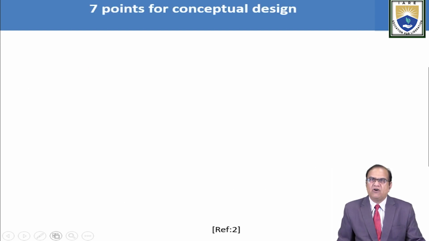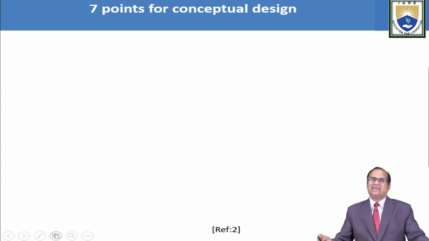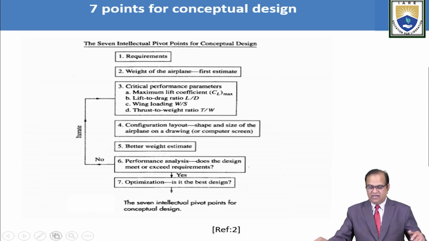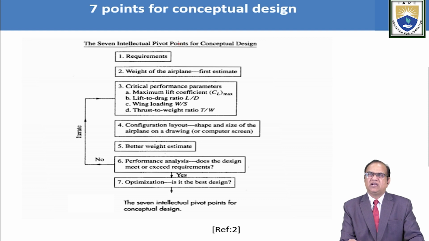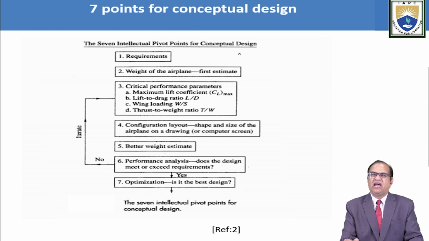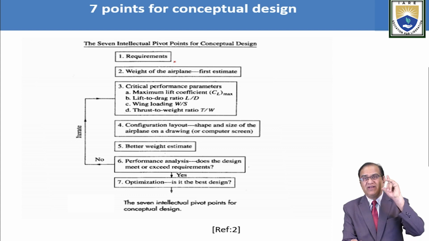Now for this conceptual design, there are 7 points which we have to observe, mentioned here: the 7 intellectual pivot points for conceptual design. The first one is the requirements.